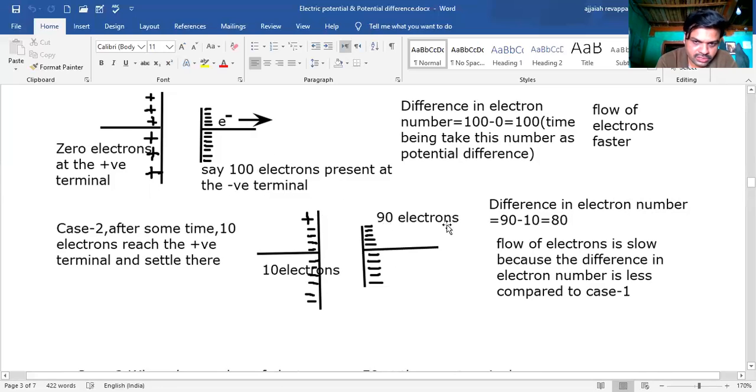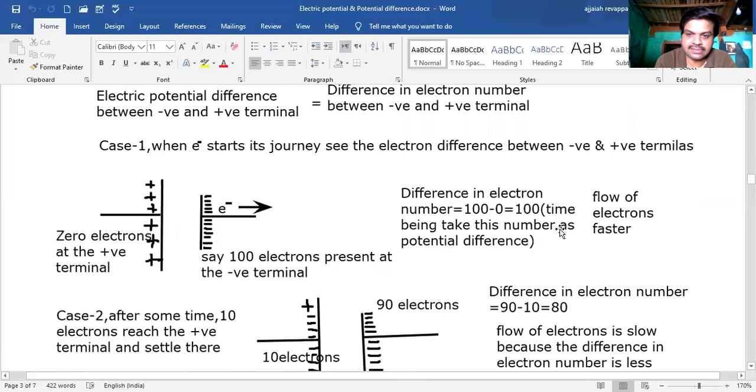Out of 100 electrons, 10 have reached the positive terminal and settled on the positive plate. Now what is the difference in electron number, that is, the potential difference? 90 are there at the negative terminal minus 10, that is 80. The potential difference is 80, which is less than 100 the previous time.